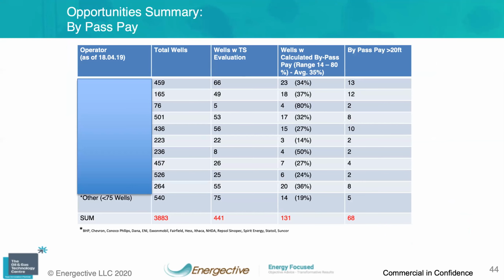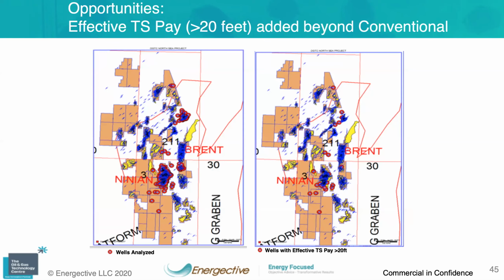Okay, so we've been through this. This is our opportunities. Again, I went over that at the beginning just to hit it again. We identified 131 wells that had some Thomas Steiber pay in them, and we had 68 of those wells that had greater than 20 feet. So here are our opportunities.